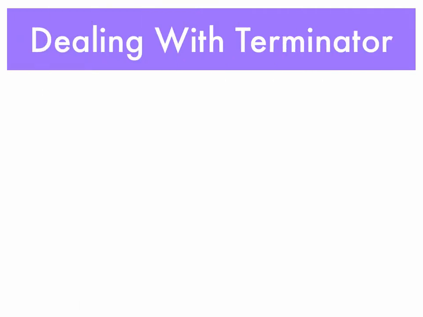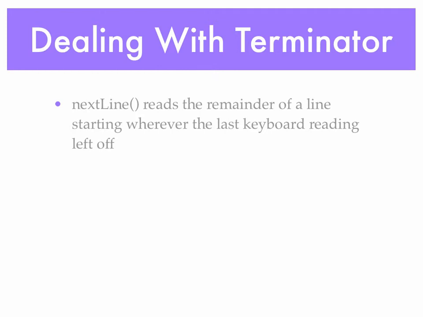Now, we have an issue when we're mixing inputs of different types. It's a problem with dealing with the terminator. nextLine reads the remainder of a line starting wherever the last keyboard reading left off.